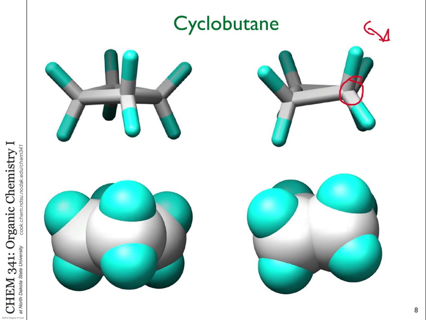They're slightly twisted away from each other. And the ring is not completely flat. So in this one, it puckers up a little. And you can see that down, that pucker in that ring. That helps to release a little bit of that torsional strain. Not a lot, because they're still pretty close to each other. But certainly it's a little better than in cyclopropane, right?